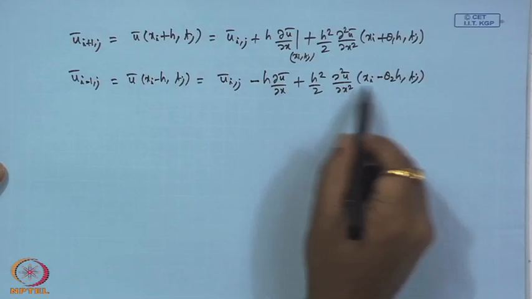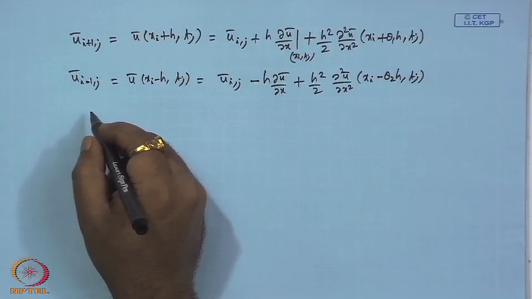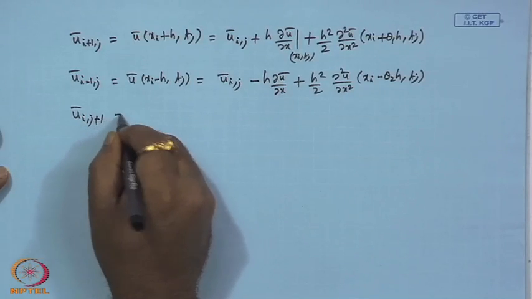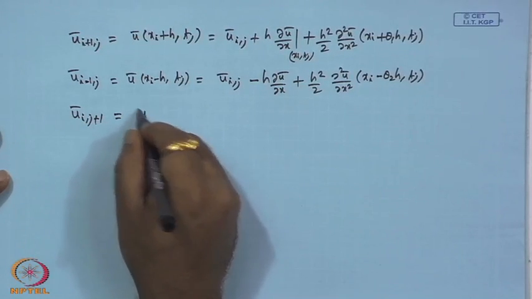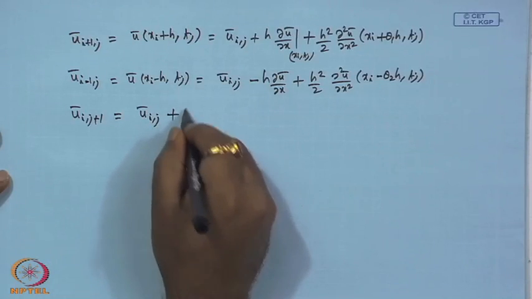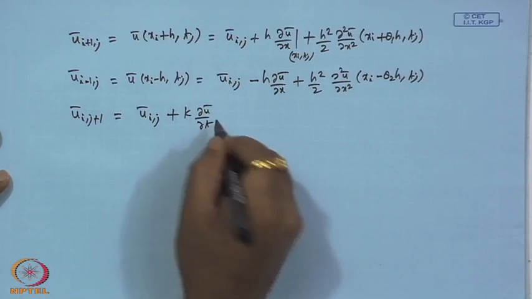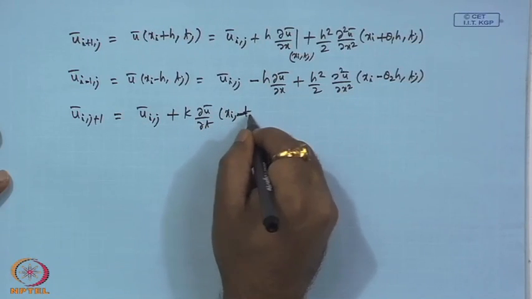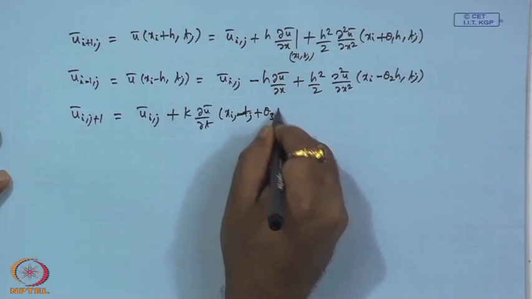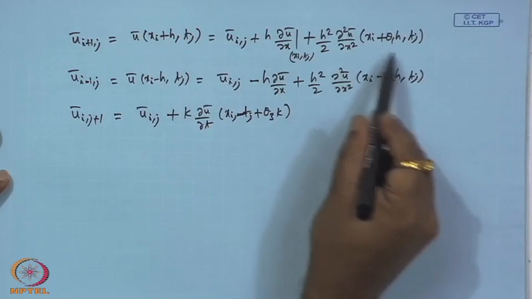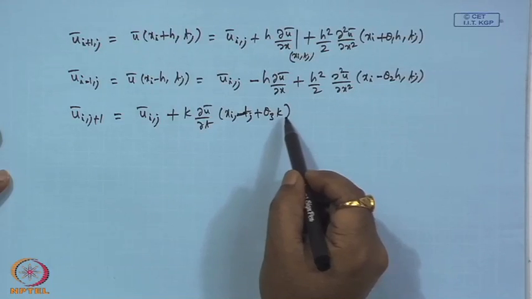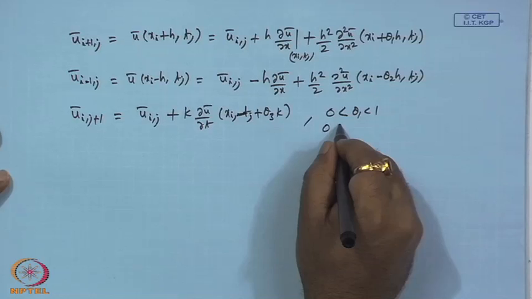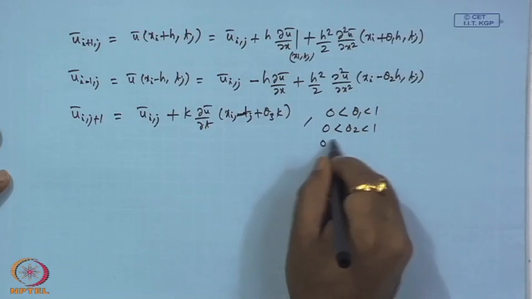This is Taylor's remainder term. Then, some theta 3 k. So, h is the increment for space and k is the increment for time.